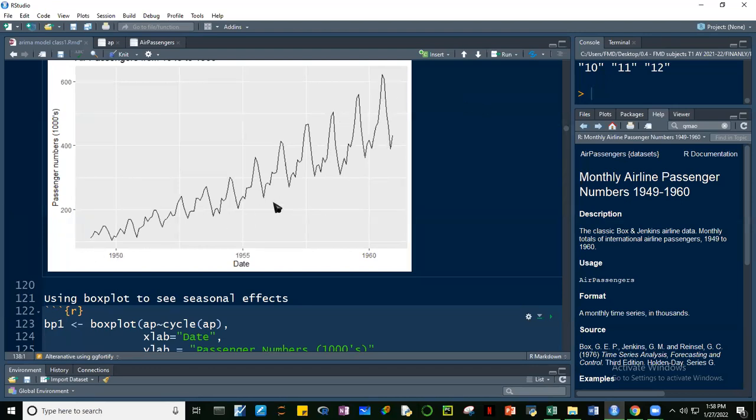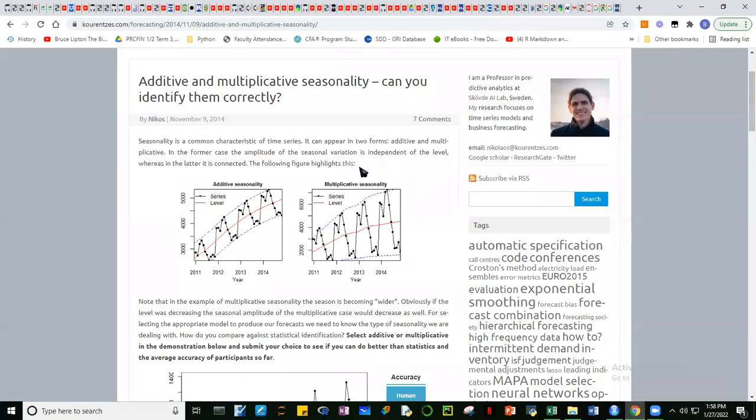Okay, this is an example of a multiplicative seasonality kasi yung multiplicative seasonality, guys, habang tumatagal, tumataas yung volatility niya, no? In fact, guys, pag additive seasonality, balik tayo dito. Okay, ito guys, additive seasonality.